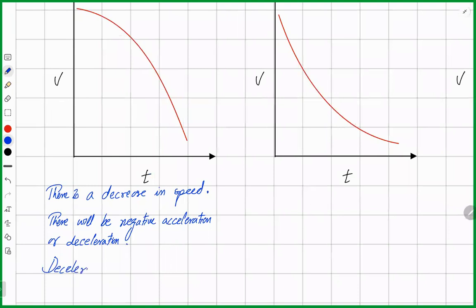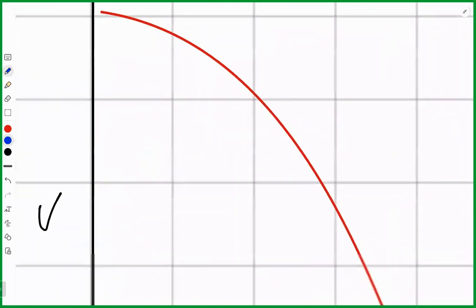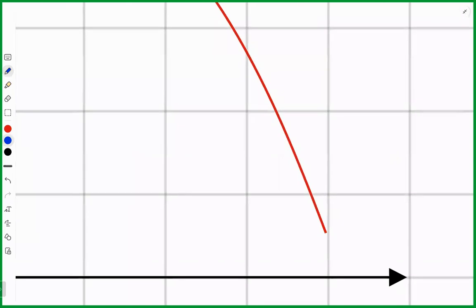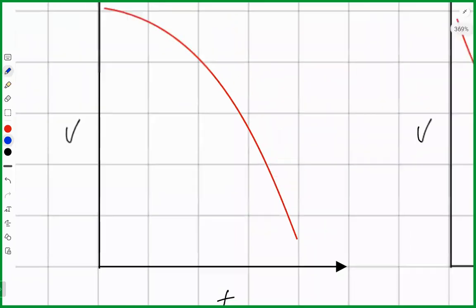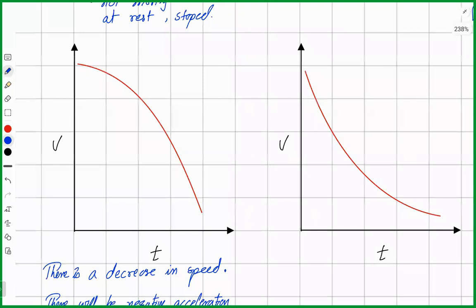Deceleration is increasing. If you can see that the graph in the beginning has lesser slope, lesser angle with the x-axis, and with the passage of time, the angle with the x-axis is not only negative, it is also increasing. So it means that deceleration is increasing in this case.